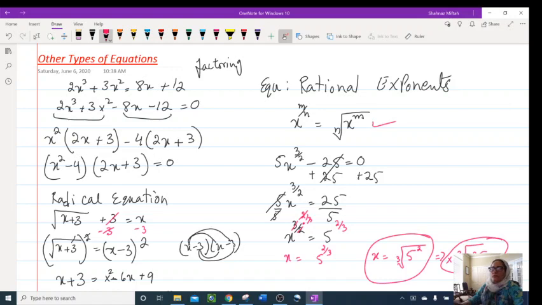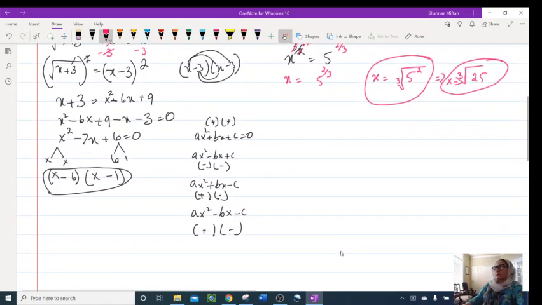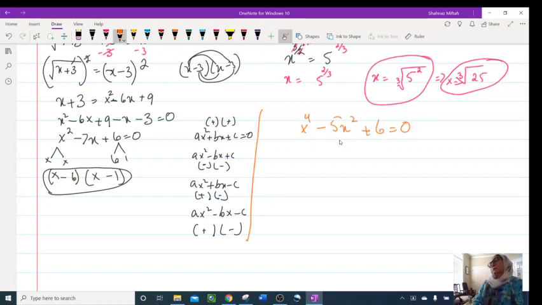Let's do the equations that look like quadratic, in the form of quadratic. And I'm going to make sure to draw a line so we don't mess up here. This one is another example. I have x to the power 4 minus 5x squared plus 6 equals 0. You can tell this is in the quadratic form, like ax squared plus bx plus c.